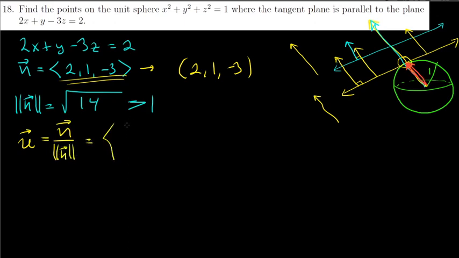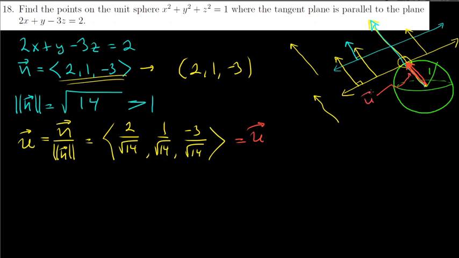So we have the vector 2 over the square root of 14, 1 over the square root of 14, and negative 3 over the square root of 14. That's this red vector here, the vector I'm calling u.